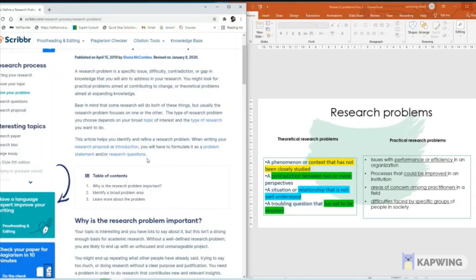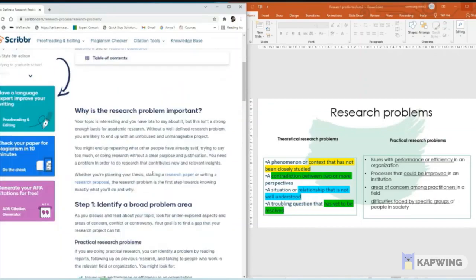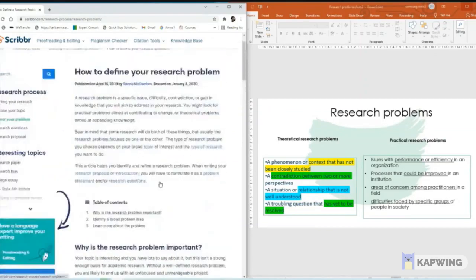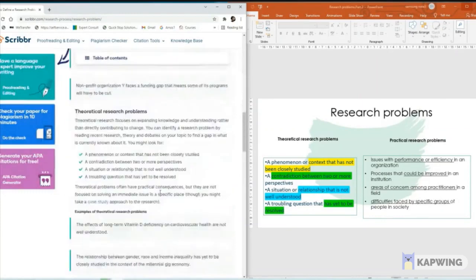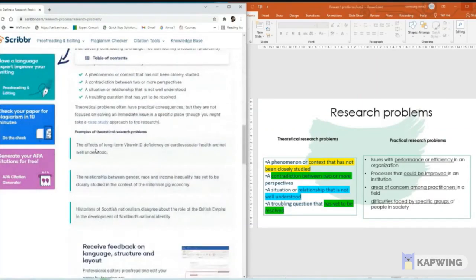Shall we look at an example of a theoretical research problem? The effects of long-term vitamin D deficiency on cardiovascular health are not well understood. It has yet to be closely studied. And historians of Scottish nationalism disagree about that.